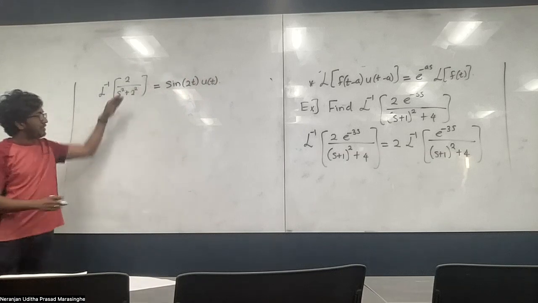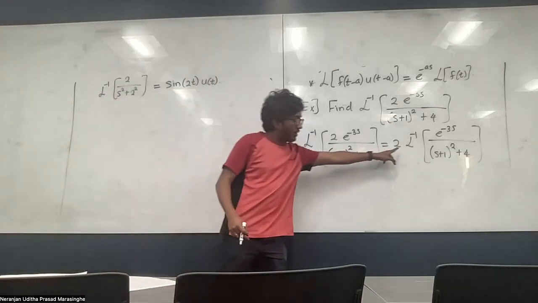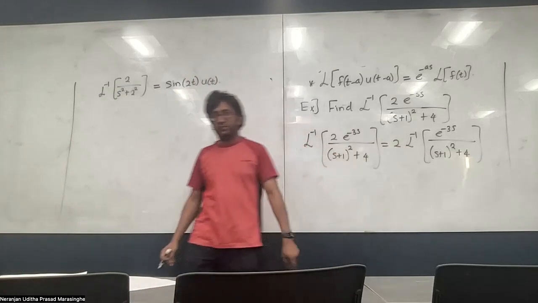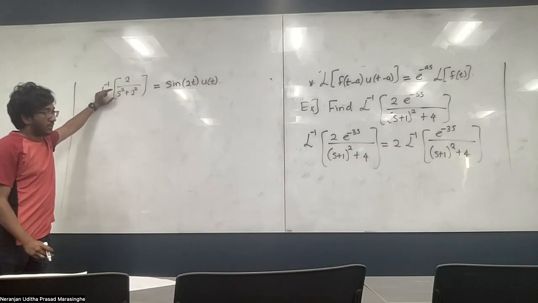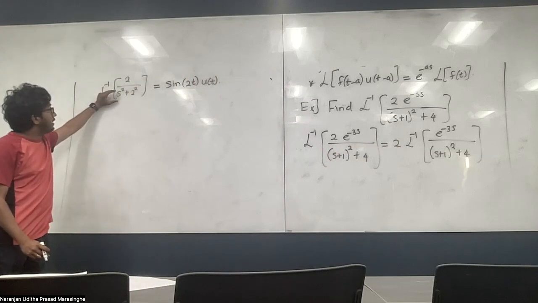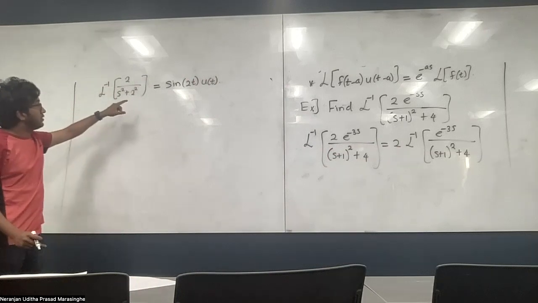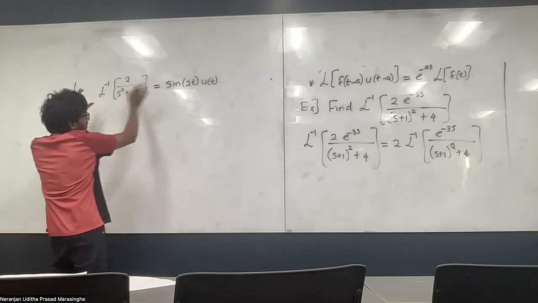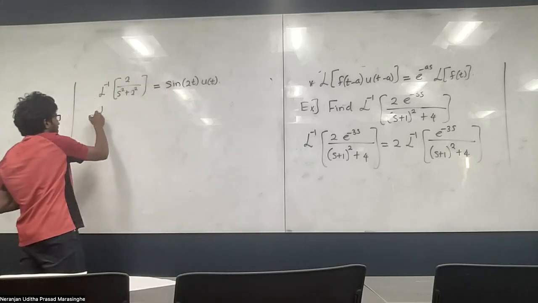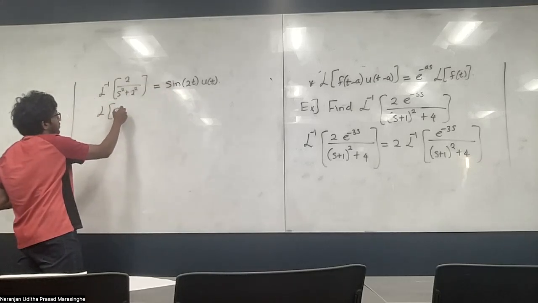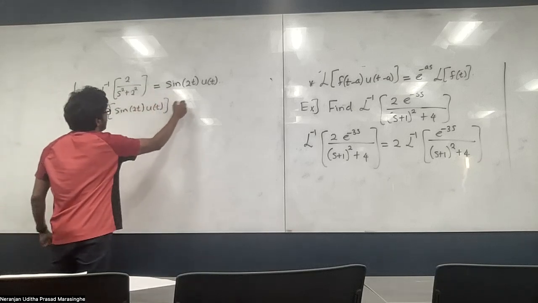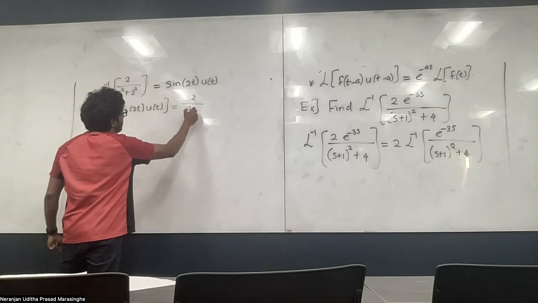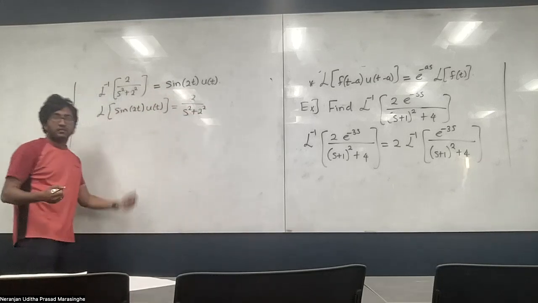Let's begin from this one and let's go on until we reach this expression. Right? Okay. Next, what can you say about this? This is the inverse Laplace transform of this one. In the other way, the Laplace transform of sine 2t u(t) is equal to 2 divided by s square plus 2 square, right?